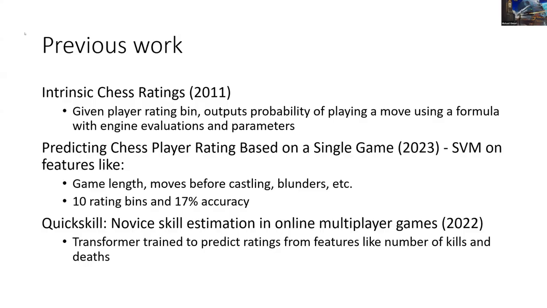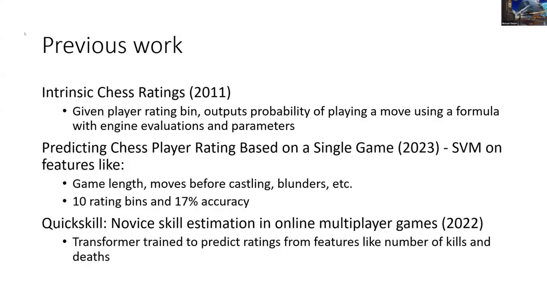Last year, there was one paper on predicting rating using a support vector machine, and it used different features. It didn't take in the moves, but it took in features like how long the game was, and how many moves the player made until they castled. If a player is not castling in most of their games, it could be a suggestion that they're not too skilled, maybe, not always.